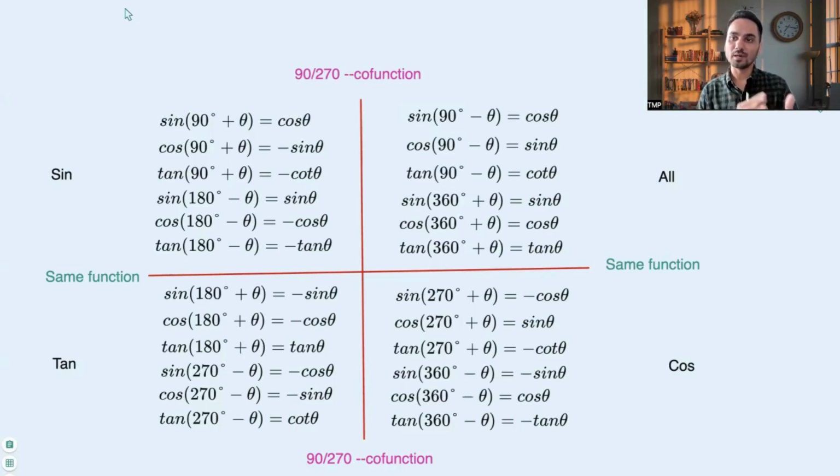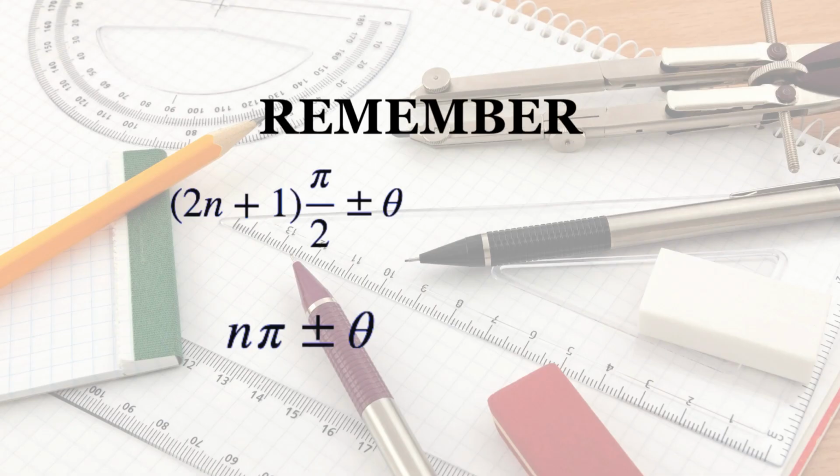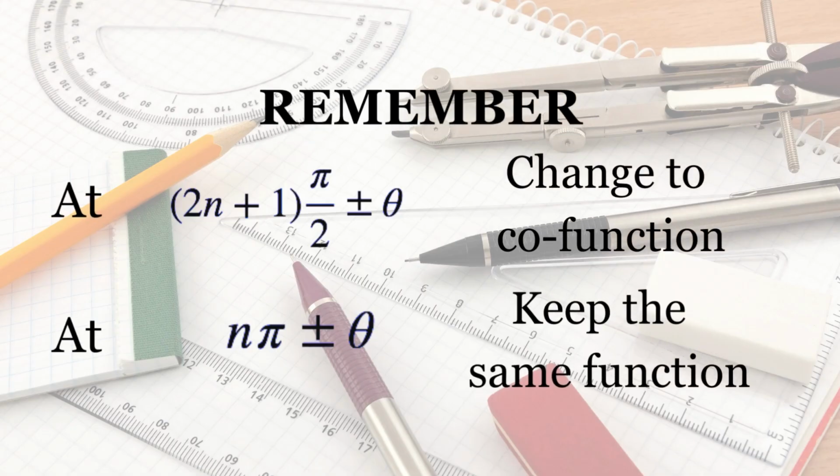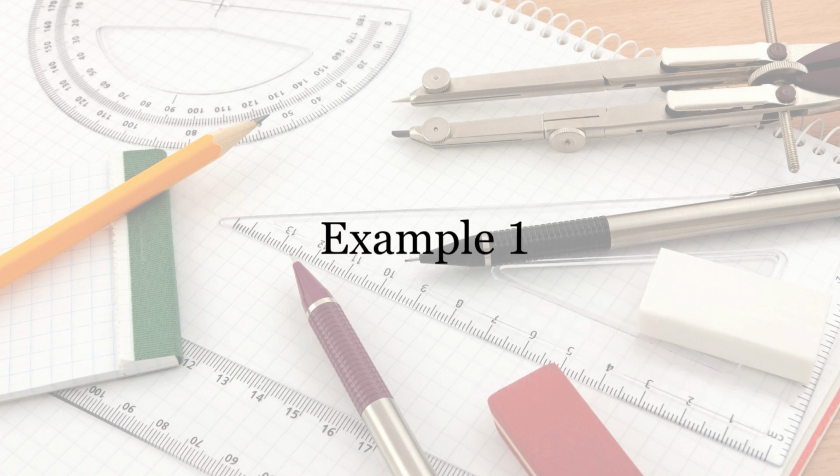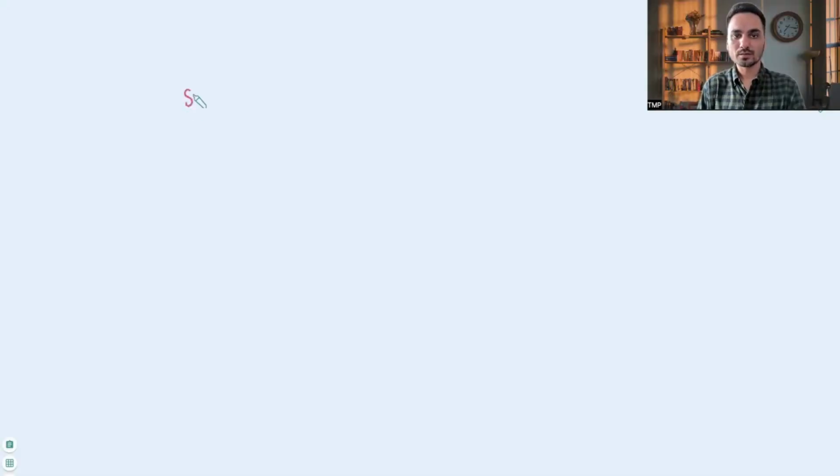Now let's look at some examples and try to apply this information. So let's find sine of 2000 degrees.